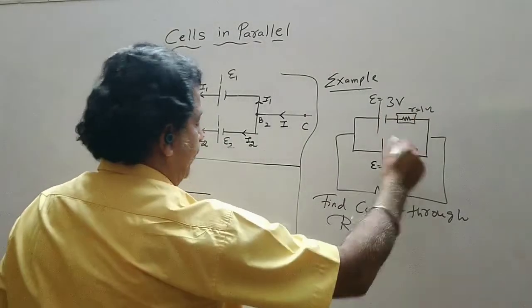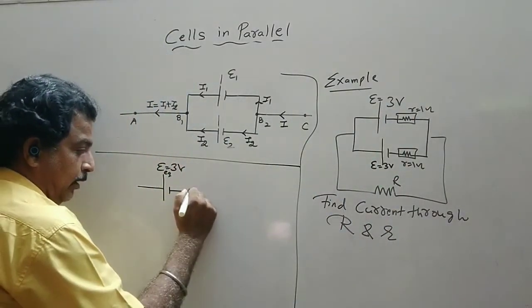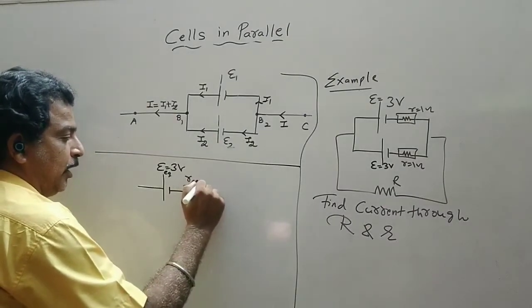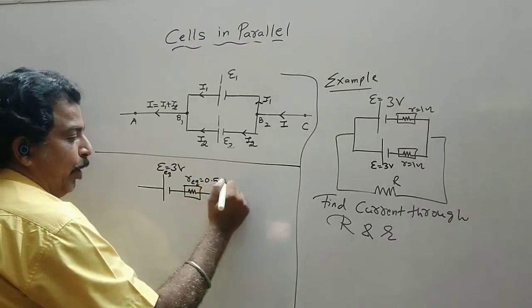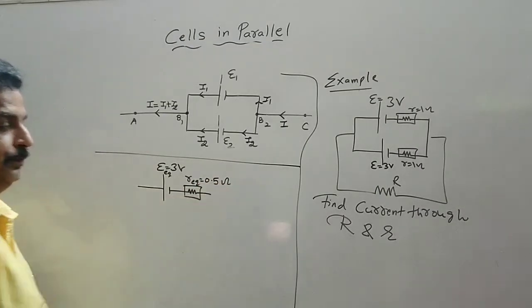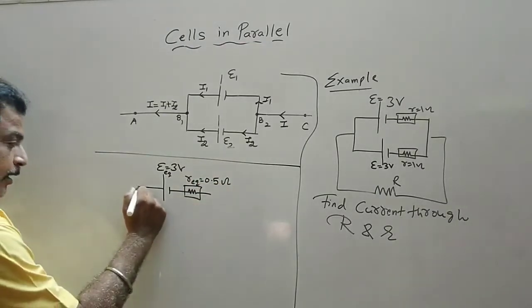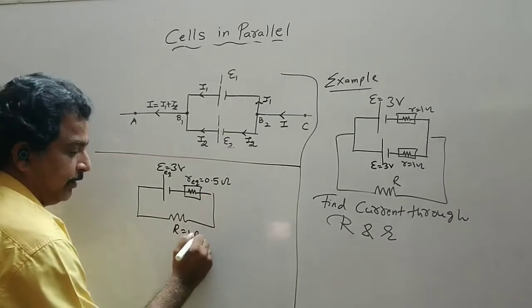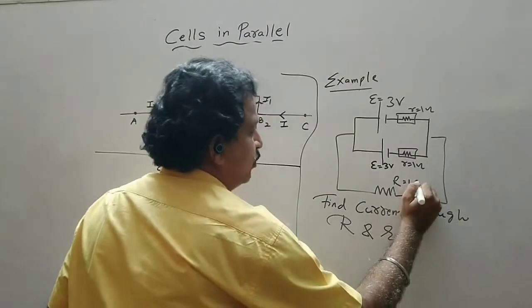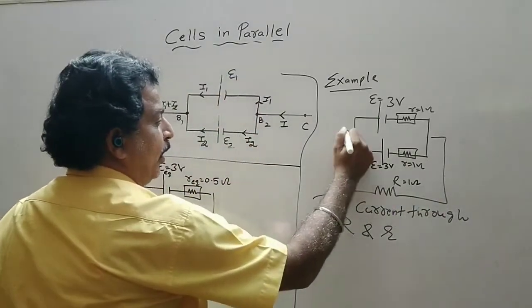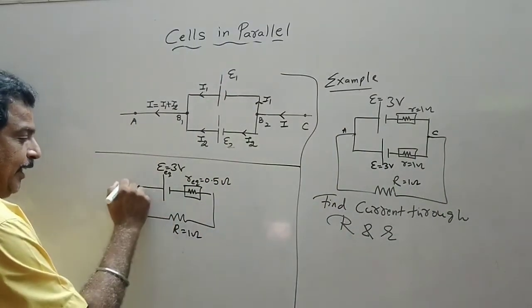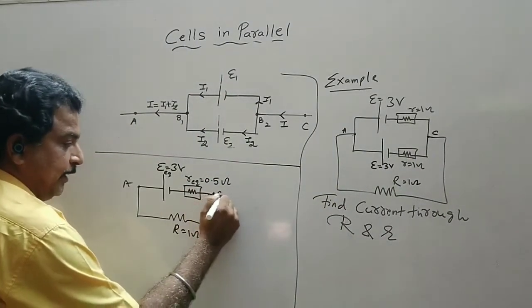Then the internal resistances in parallel, 1 ohm each, can be written as 0.5 ohm. External, it can be connected as given, let us take this value as 1 ohm. Let this point be A and this point be C.